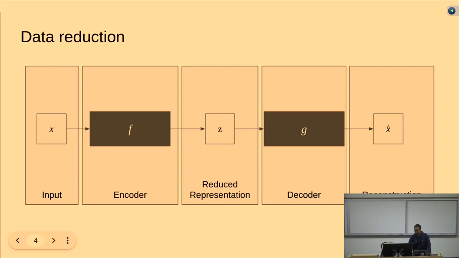But many of those examples can be described as taking some input data X, compressing it to a reduced representation with an autoencoder, F, and then using the approximate inverse of F, which is denoted G, to approximately reconstruct the input X as X hat.